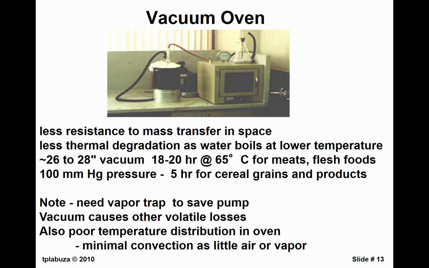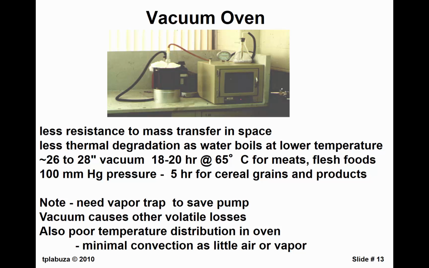So for example, AOAC says 26 to 28 inches of vacuum, 18 to 24 hours for meats and other flesh foods. And for cereal grains, and this is AACC, you use a pressure of 100 millimeters of mercury, and it's only 5 hours in there. So that's much better than what we had on the previous page.